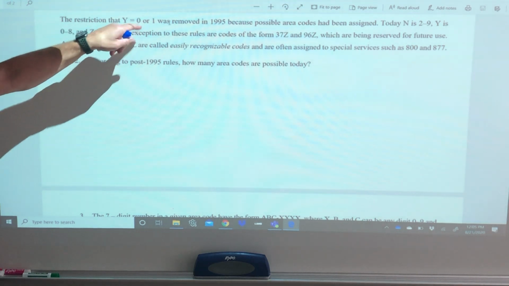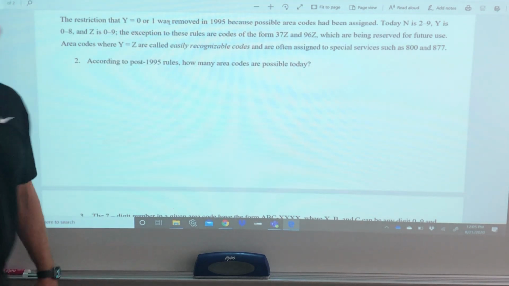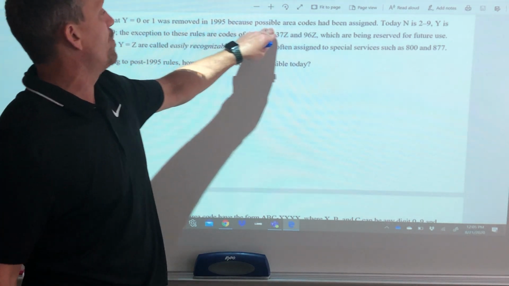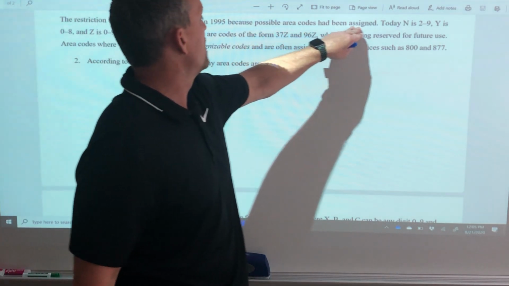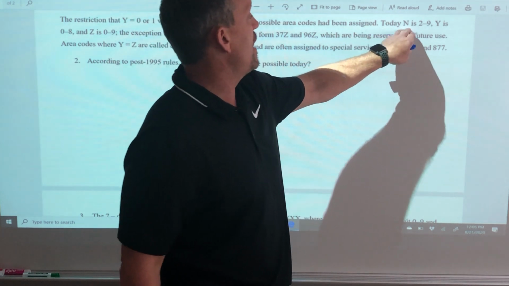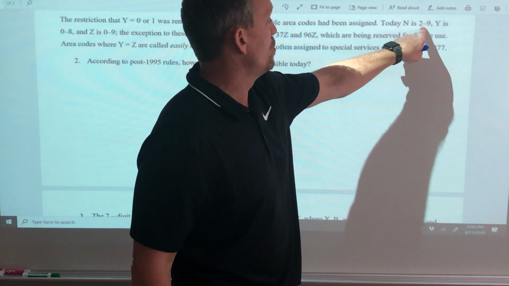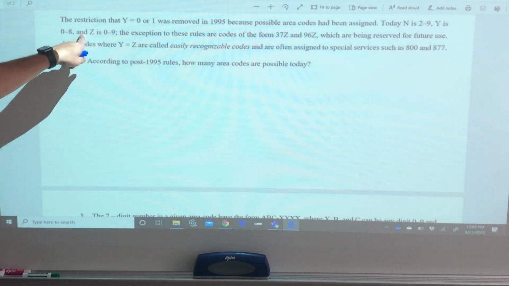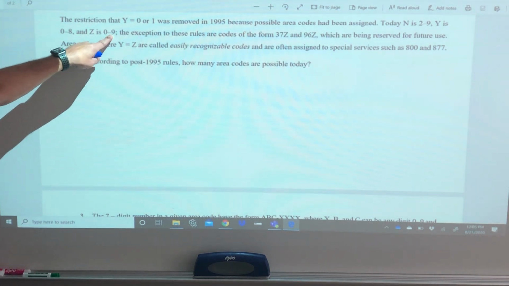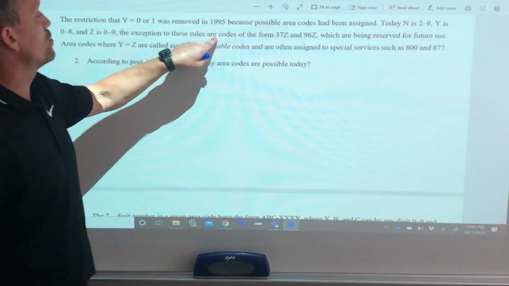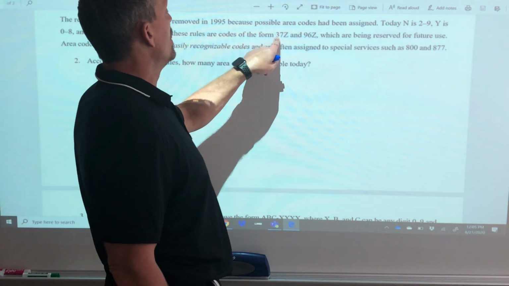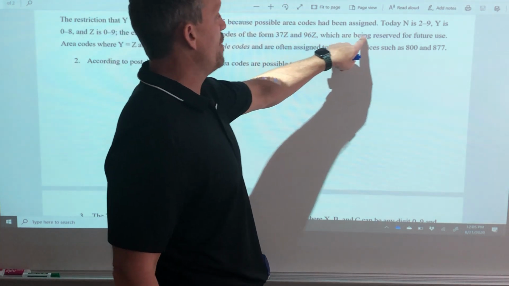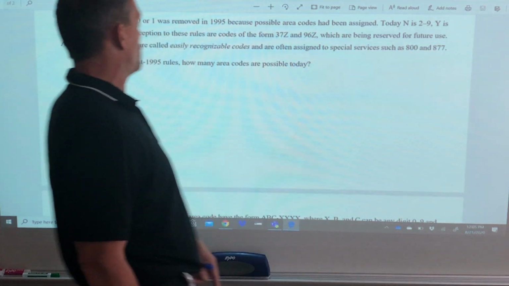Restrictions that Y equals 0 or 1 were removed in 1995 because possible area codes had been assigned. Today, N is 2 through 9, Y is 0 through 8, Z is 0 through 9. The exception to these rules are codes of the forms 37Z and 96Z, which are being reserved for future use.